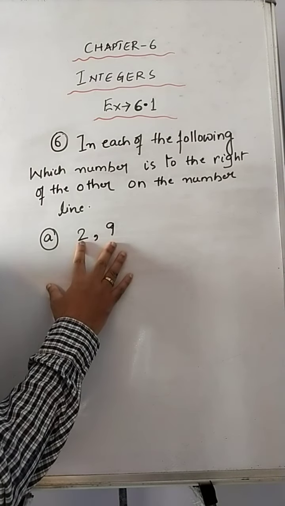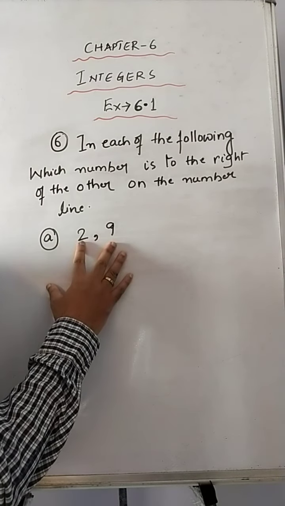That means in this case 9 is greater than 2, and these are both positive numbers, isn't it? So in case of two positive numbers, the number which is greater than the other number, the greater number, will fall on the right hand side on the number line. Fine.